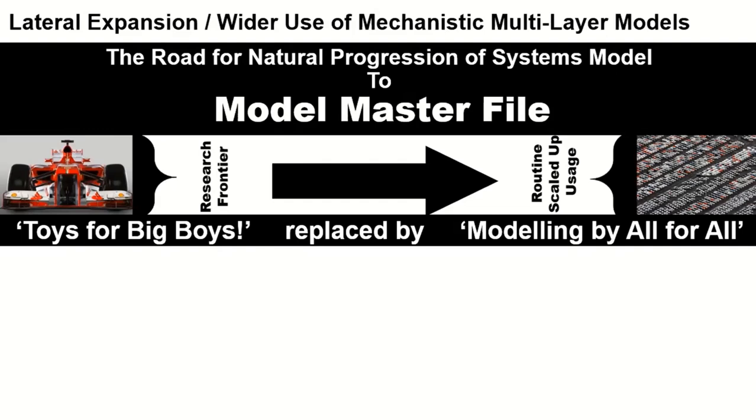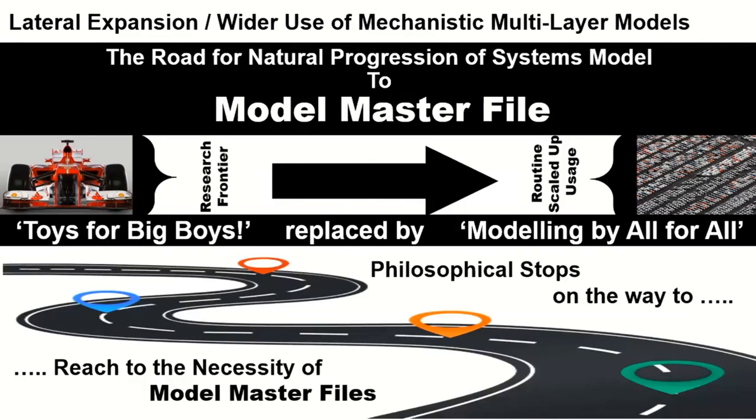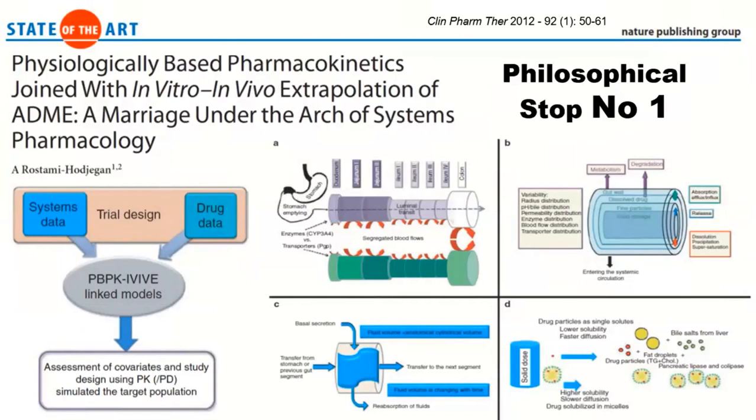I'm going to use my own four stops of the journey that I had, signified by four papers that I'm going to bring up, analyze, and discuss with you. This is our stop 1.